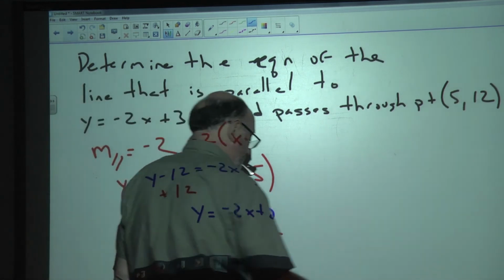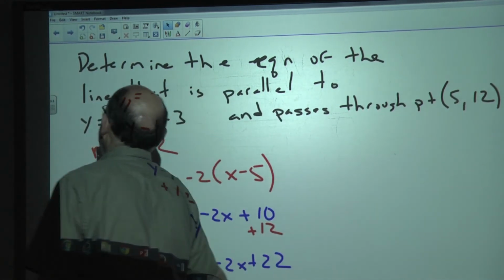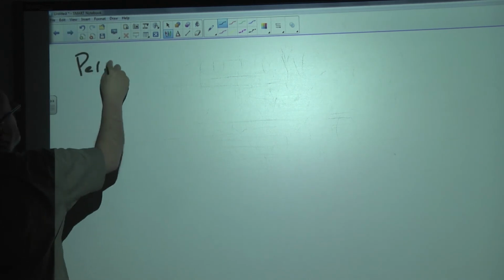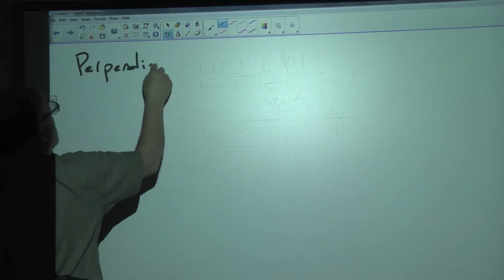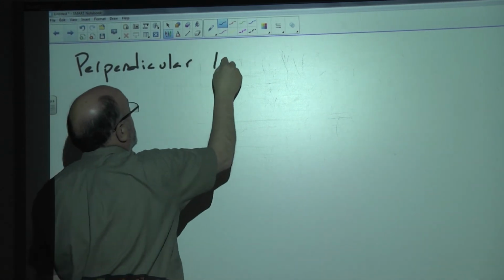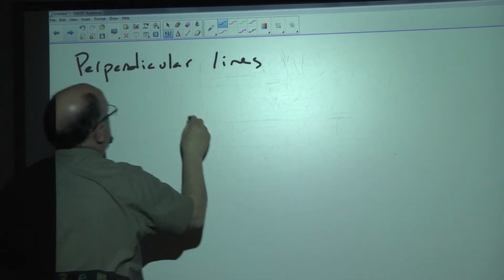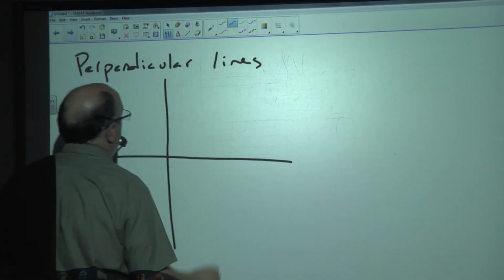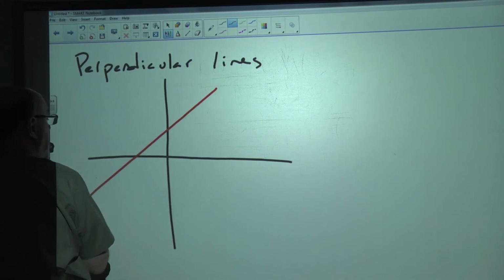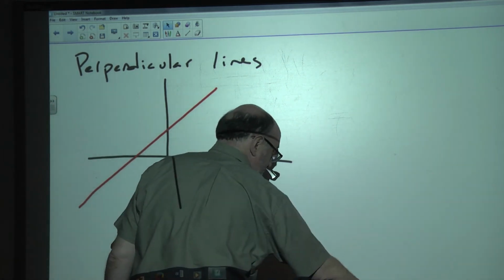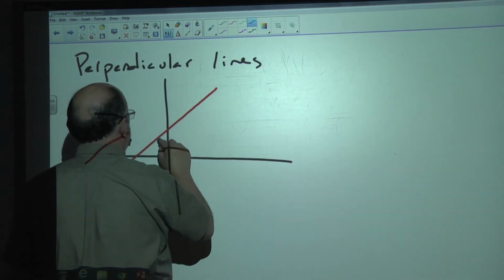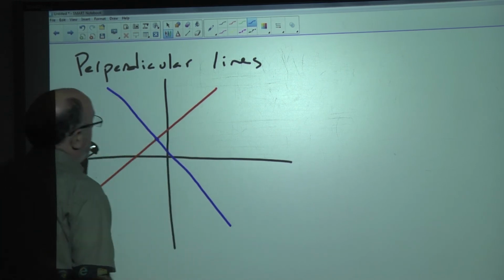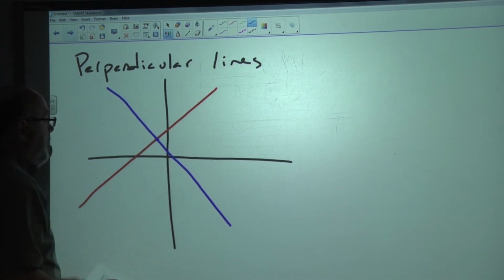And then the other type of lines are lines that are perpendicular in terms of special cases. So perpendicular lines. So if I have, in terms of my first line, going something like that, my line that is perpendicular to this would then be going something like that. And so this angle here would be a right angle.